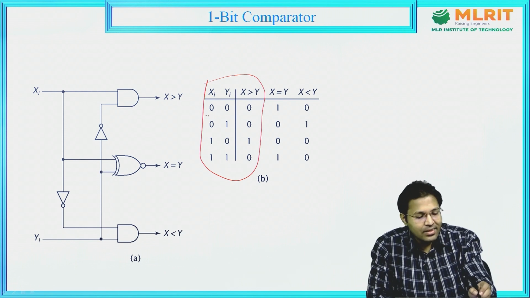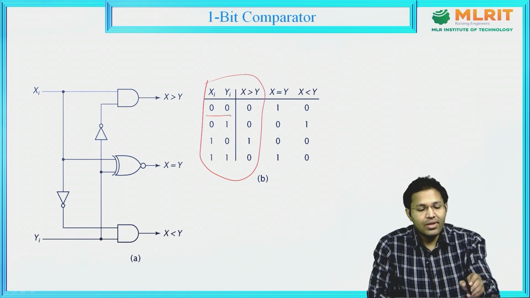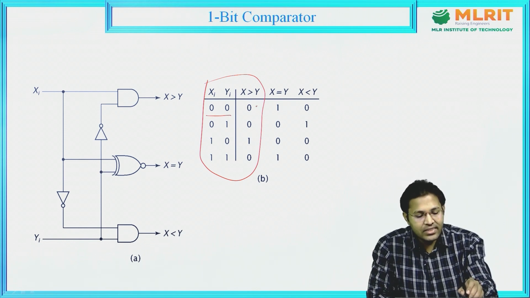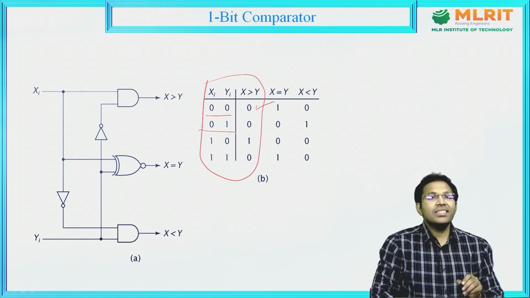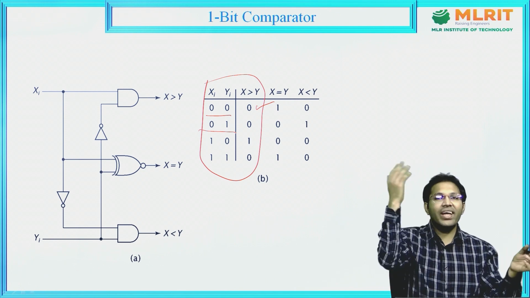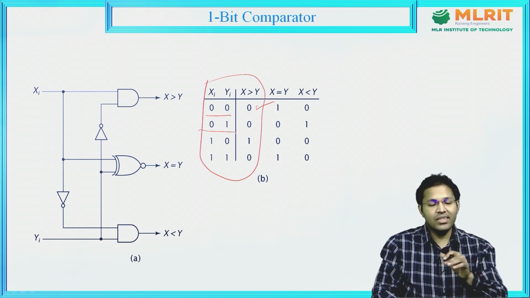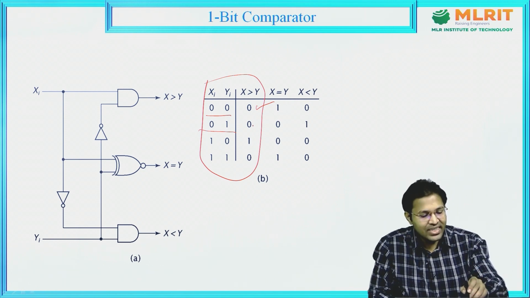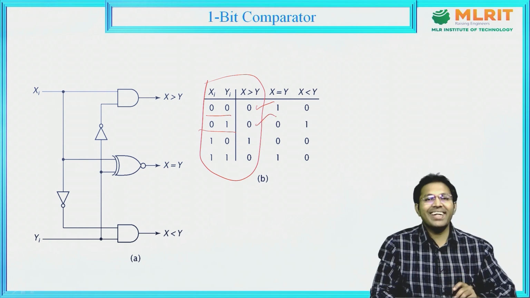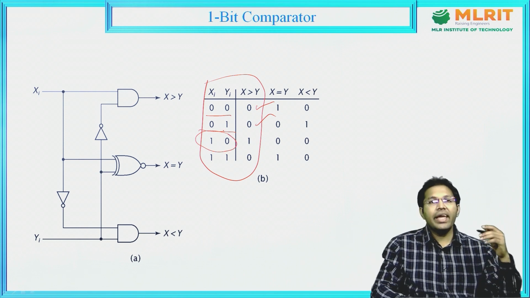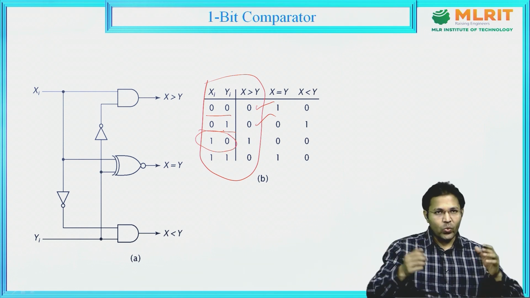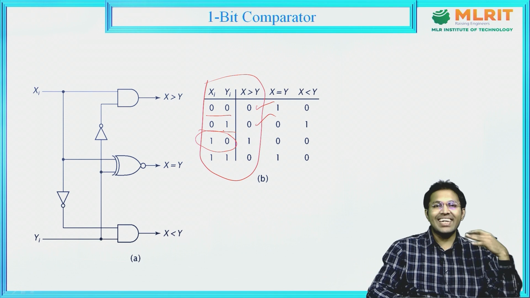Here they are equal, so X is not greater than Y. Hence we put a 0 there. Next, X is 0, Y is 1, and 0 is less than 1, so the condition fails. Hence we indicate it by a 0. Now, what about this case? X is 1, Y is 0. We know very well that 1 is greater than 0.